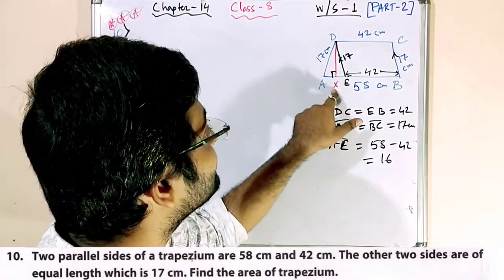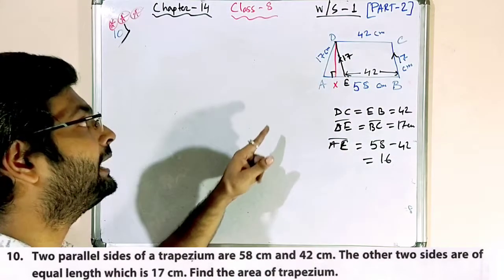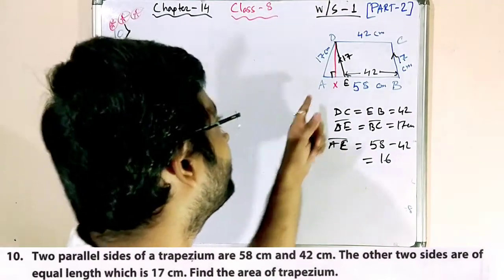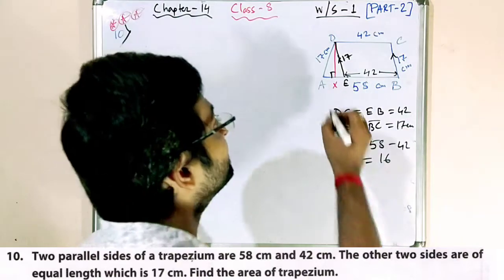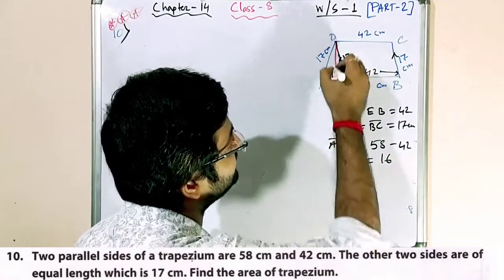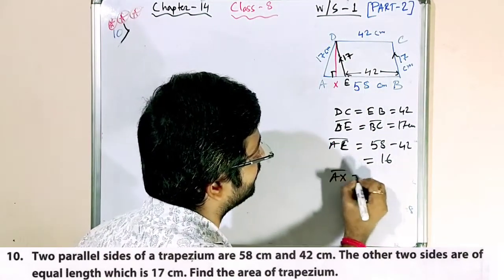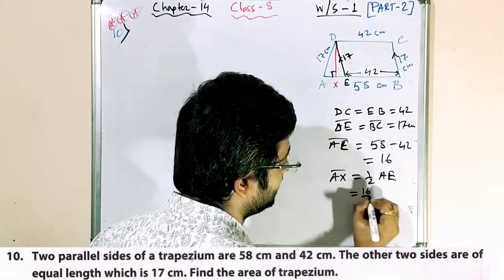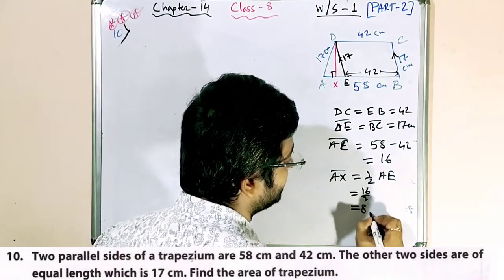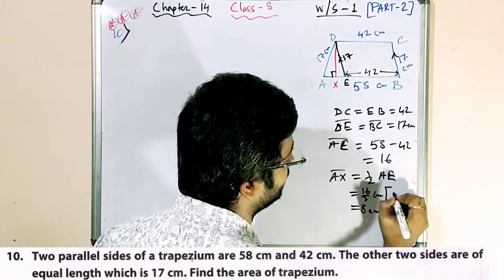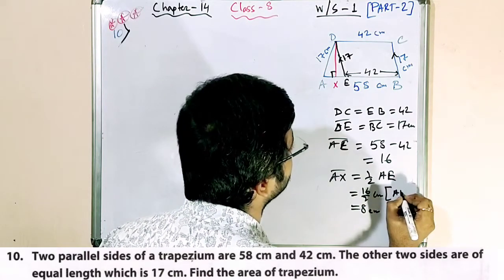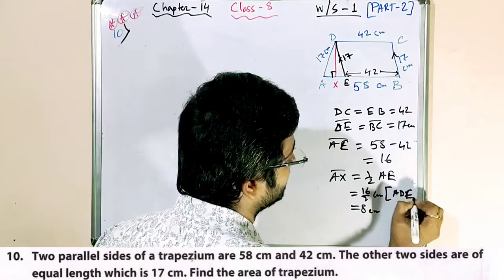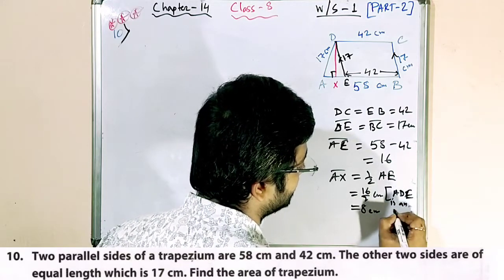So from AXD, using the Pythagoras theorem, you can find the DX value, but AX is what, do you know? The half of AE. Now why? 16 by 2, that is 8 centimeter. Why? Because ADE is an isosceles triangle.